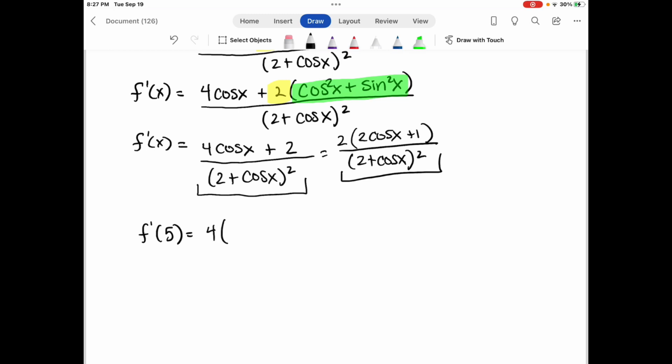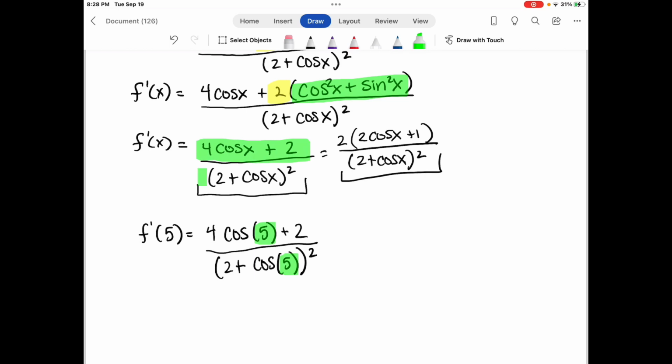So I'm going to plug in 5 everywhere I see x, keeping in mind that this is going to be in radians. So here I plugged in 5 here and here. I'm using this version.